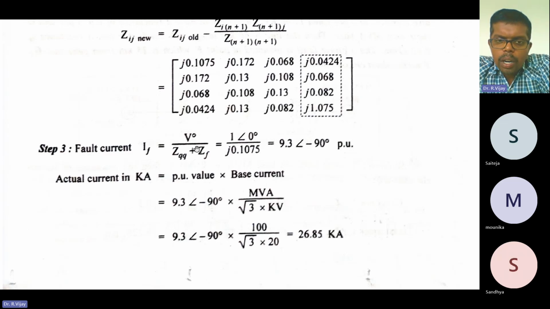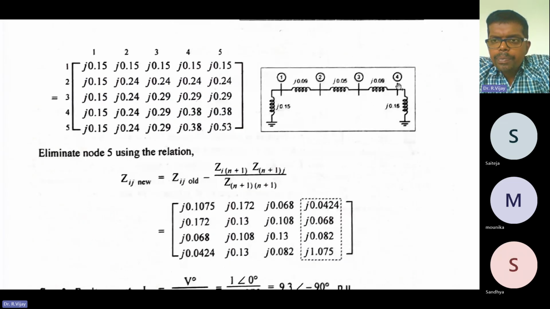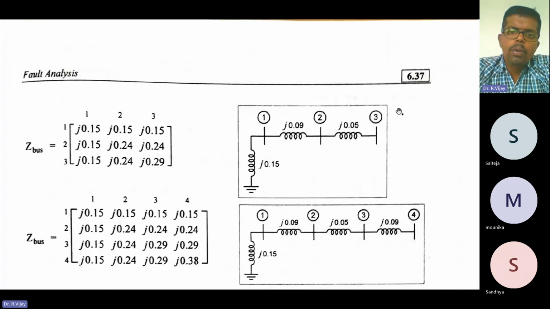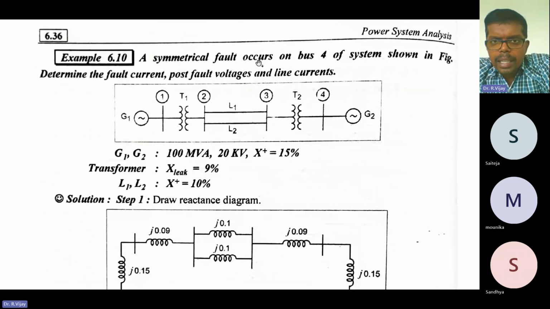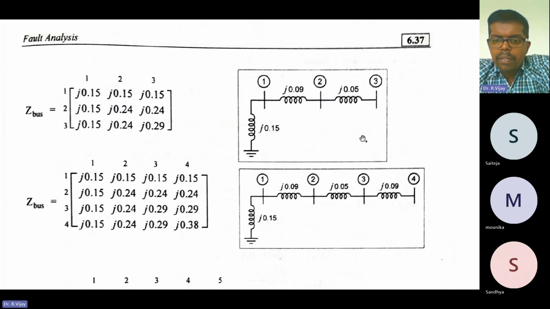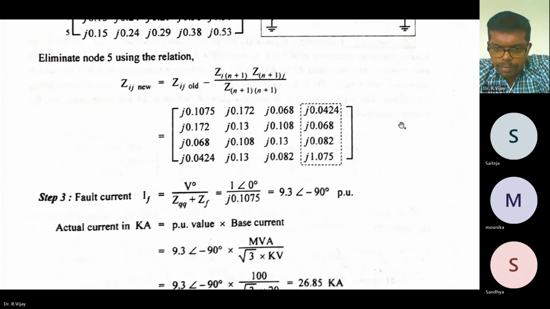ZQQ is nothing but the impedance at the qth bus. Say, for example, the fault is occurring on bus 4, as given in the problem. The symmetrical fault occurs on bus 4, so this is the qth bus.